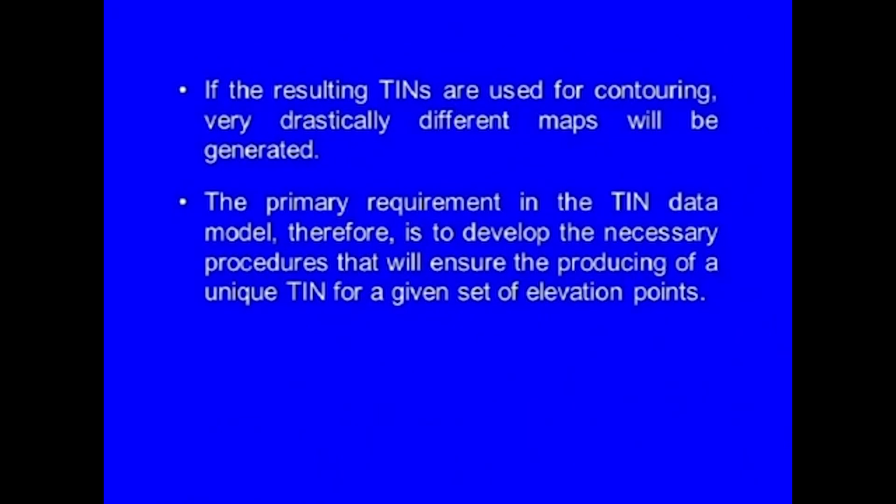If the resulting TINs are used for contouring, very drastically different maps will be generated, as we have seen just now. The primary requirement in the TIN data model, therefore, is to develop the necessary procedures that will ensure the production of a unique TIN for a given set of elevation points.